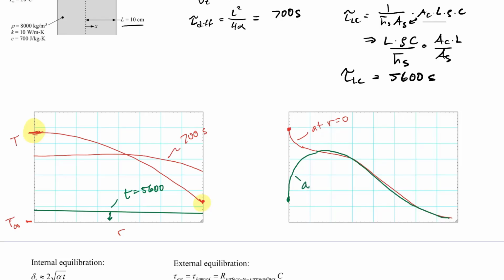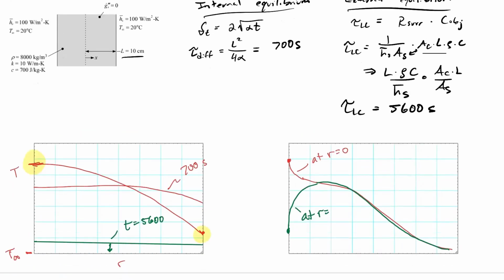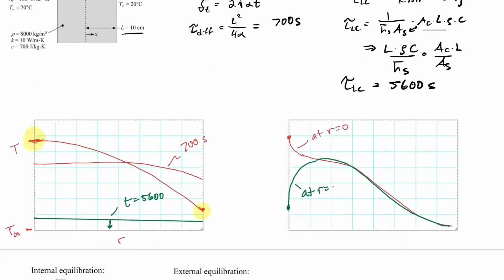This is at R out, we'll call it, X equals L. A little careless today. But you get the idea: inner symmetry point and outer wall, and it comes to equilibrium with itself.